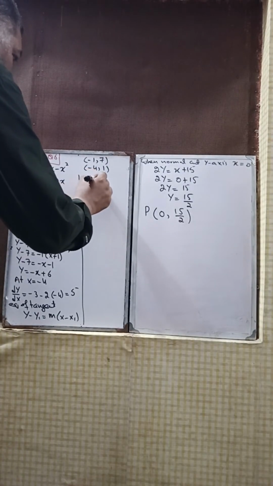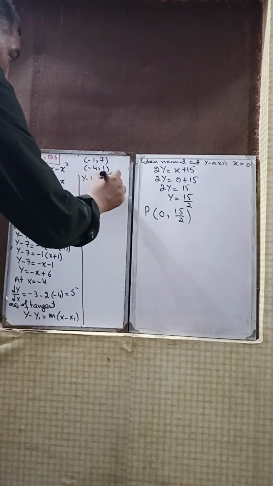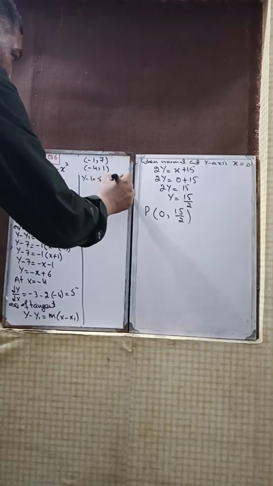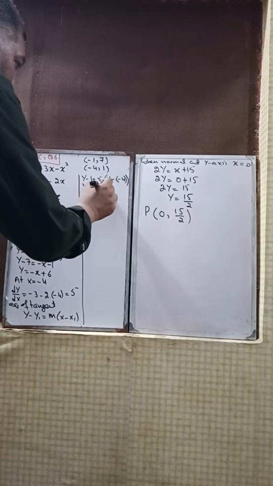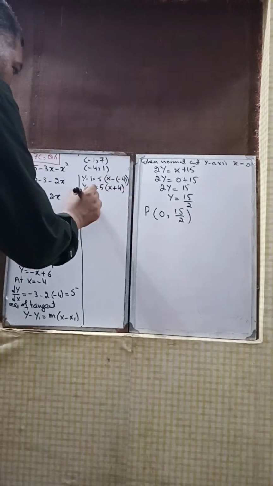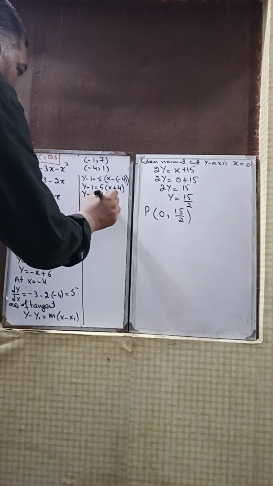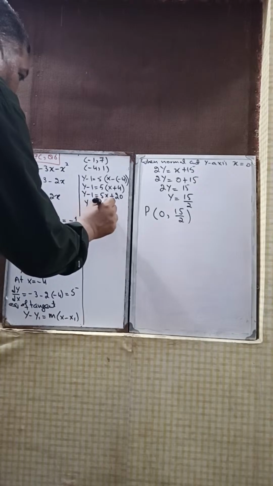So y minus 1 equals, the gradient is 5, (x minus -4). So y minus 1 equals 5(x plus 4), and y minus 1 equals 5x plus 20. So y equals 5x plus 21.